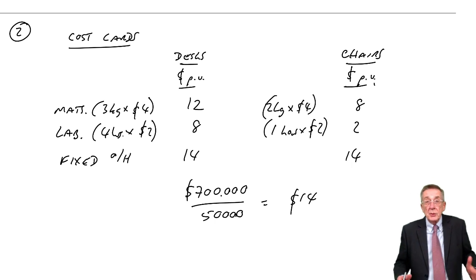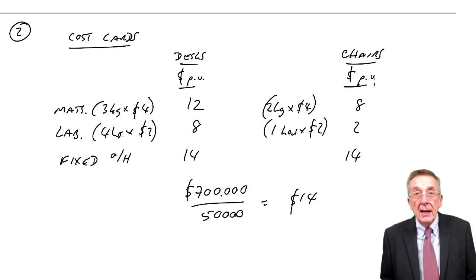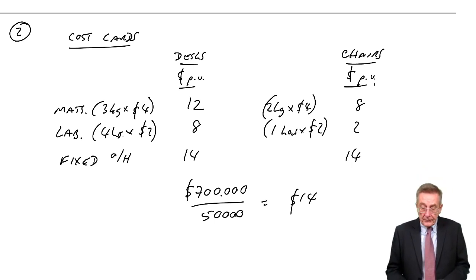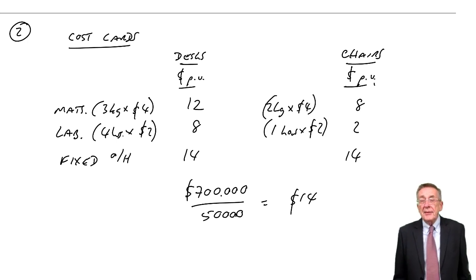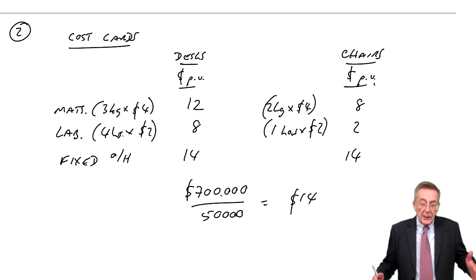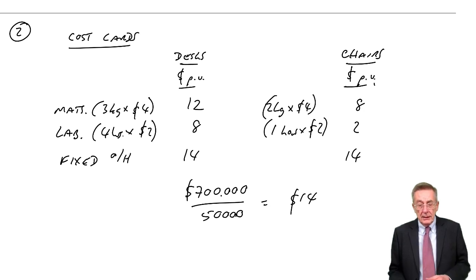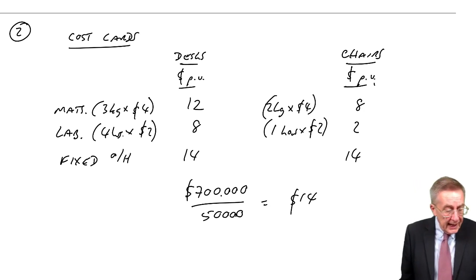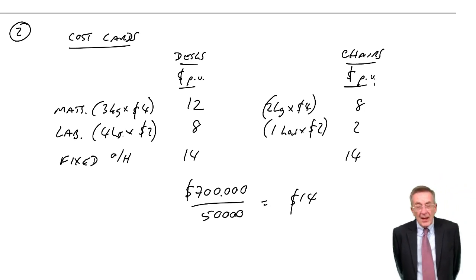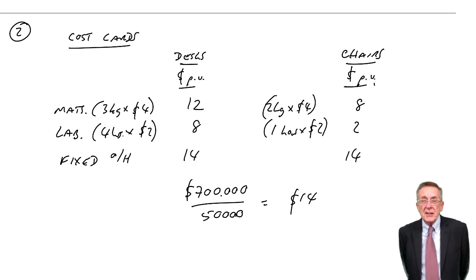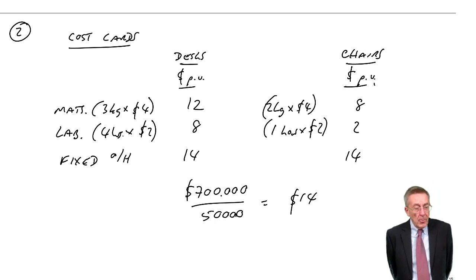Now I could do that. There's no sort of rules in management accounting. But I think that would actually be very unfair. We're talking about things like rent of the factory. But look at it. Each desk takes 4 hours to produce. It spends 4 hours in the factory.